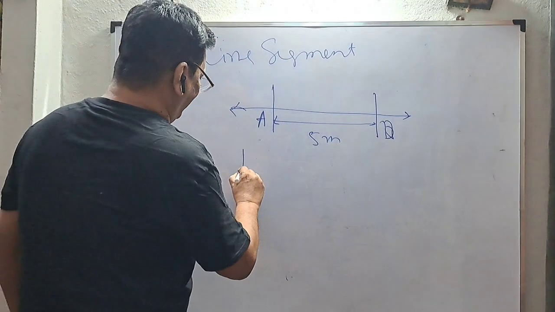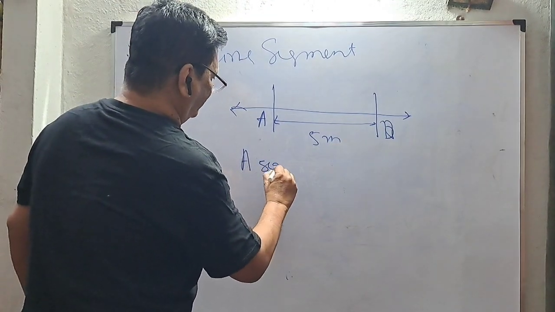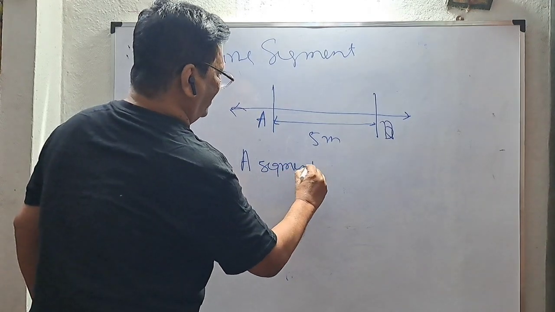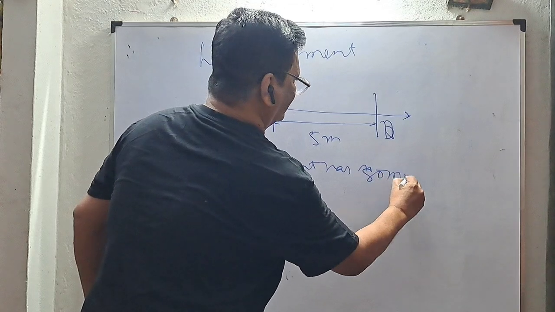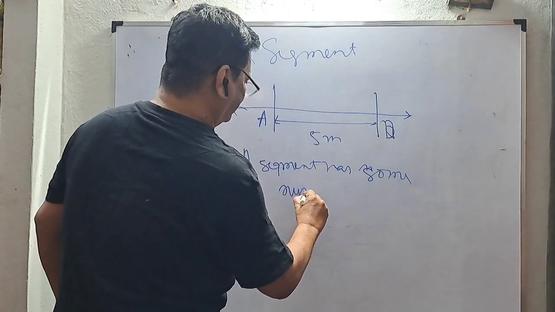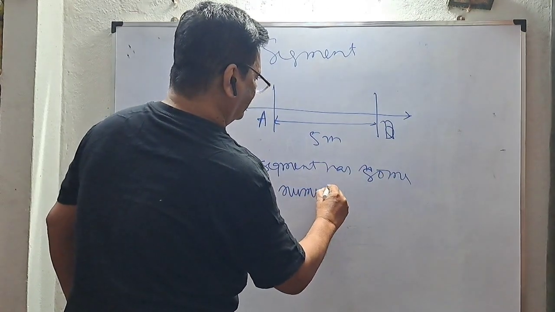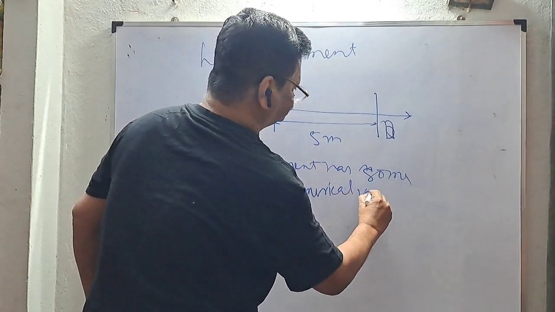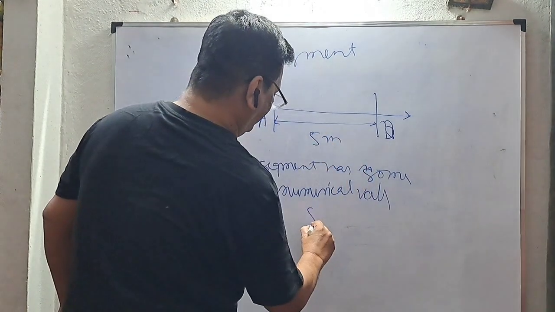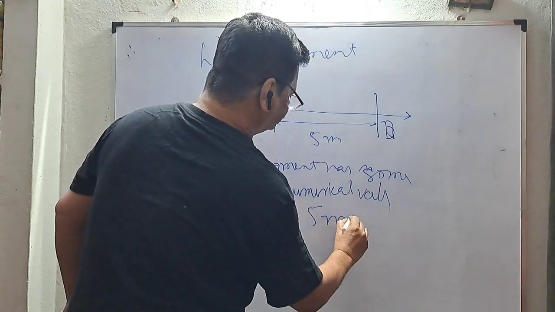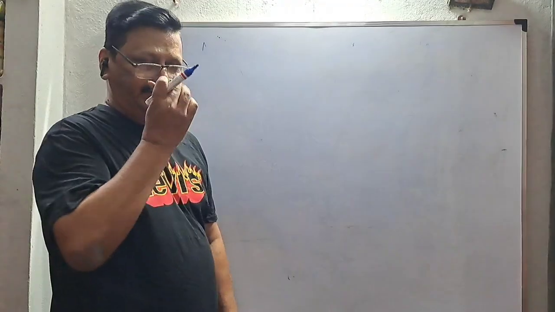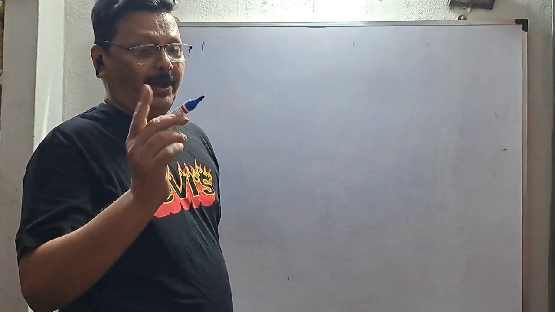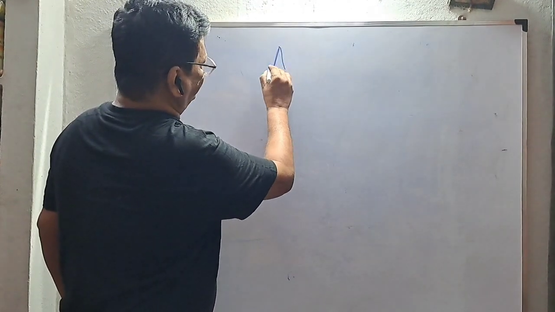So a segment has some numerical value. Here it is 5 meters. So that's a line segment. Now we will see what are angles, how angles are formed.